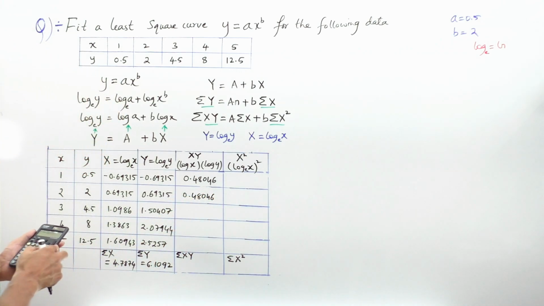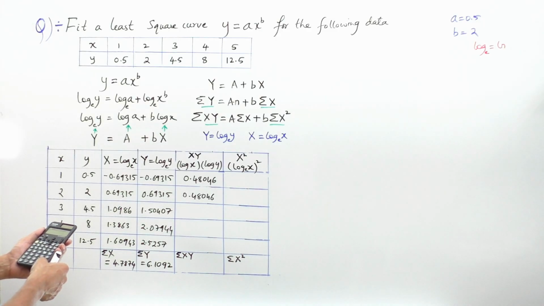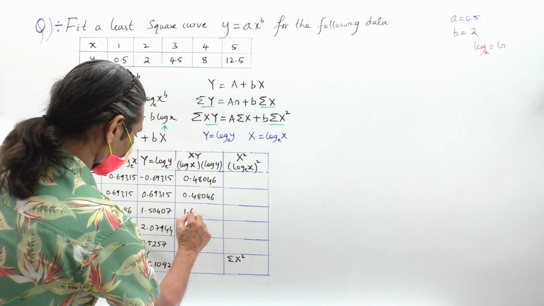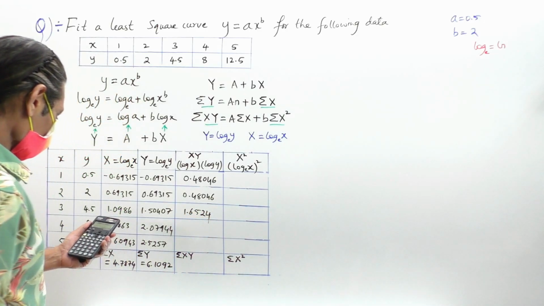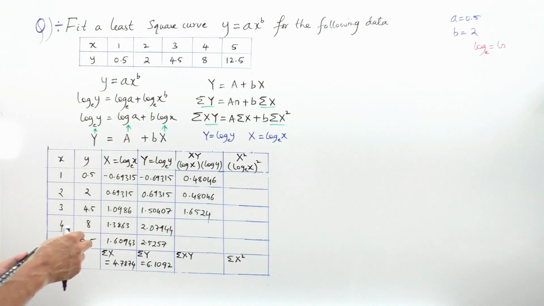Then 1.0986 into 1.50407 is equal to 1.6524. I am approximating some values here, writing at least four decimal places.